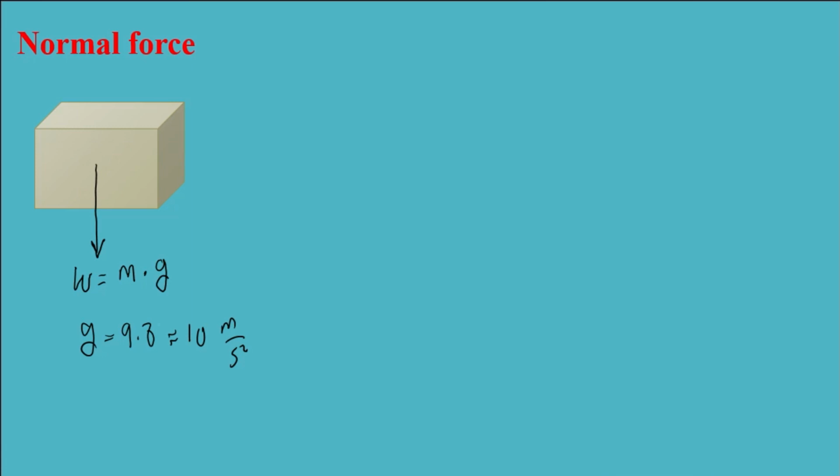However, there is another force, based on the third Newton's law, that should be equal to the weight of the box, but it must be in the opposite direction. So my normal force goes upward, and we usually show it with the symbol N. If I show it in the Cartesian coordinate, that's my x direction and that's my y direction.